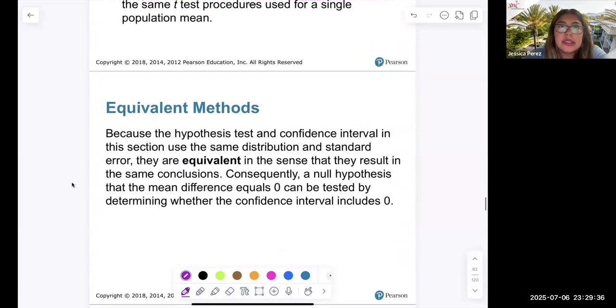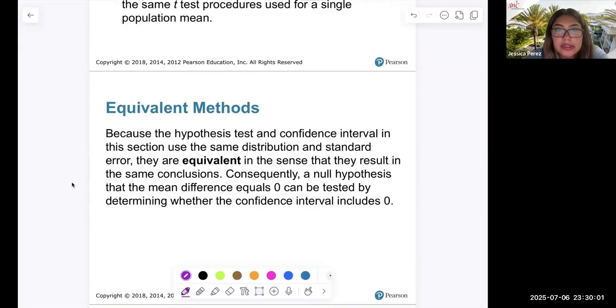Now, this is important because so far, in population proportion and population mean, the equivalence methods were different. So let's look at 9.3. Because the hypothesis test and confidence intervals in this section use the same distribution and standard deviation, they are equivalent in the sense that we will land on the same conclusions.